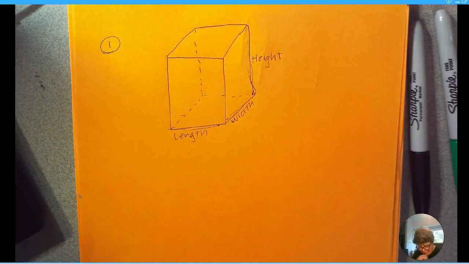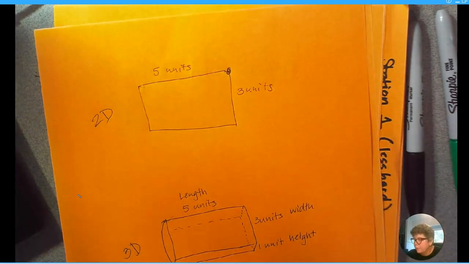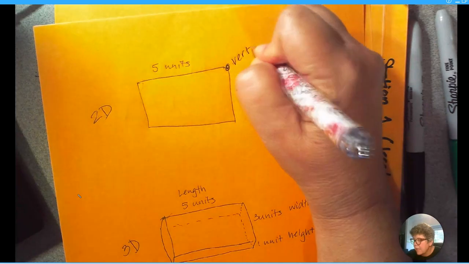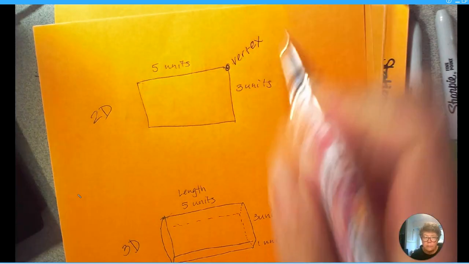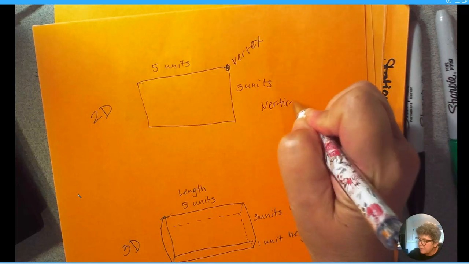And we know that rectangles have 4 sides, right? The place where those rectangles meet, the corner, is called a vertex. And if you have more than one corner, which you most likely will, it's vertices. Okay?